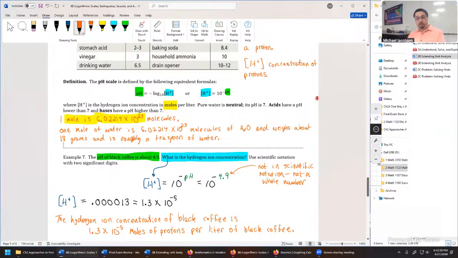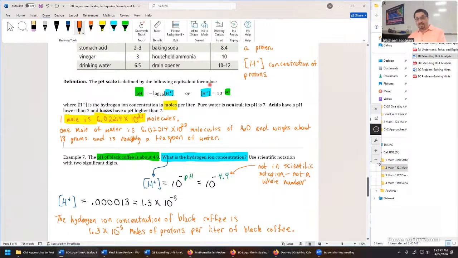Okay, well, our goal is just to practice a couple more questions along these lines. So we used example 7 with minimal context just to give us a sense of what the formulas are saying in the very first place. And really, just like decibels, there's 2 formulas we're using. Either the one on the left, if we have to compute pH, we need to know the hydrogen ion concentration.